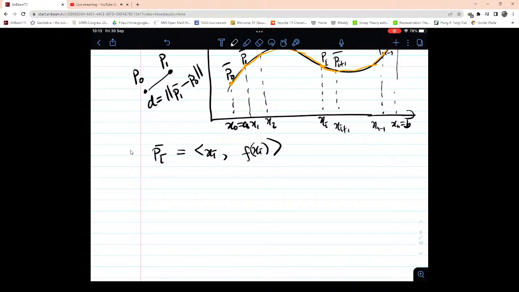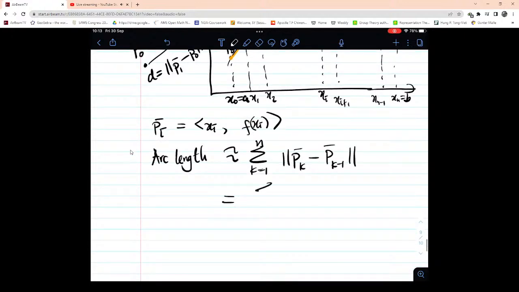To approximate the arc length, we can then say this is approximately equal to the sum from k equals 1 to n of these norms, of pk minus p(k-1). And what is this? We can say this is xk minus x(k-1) for one component, and the other component is f of xk minus f of x(k-1).